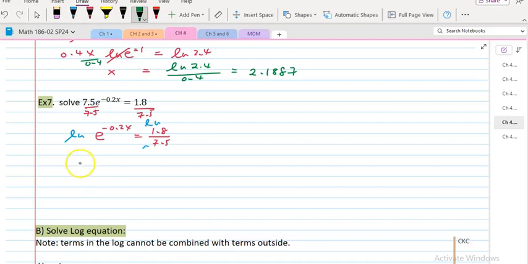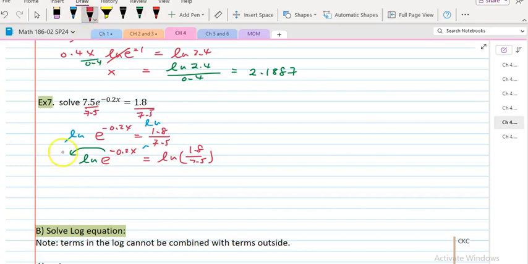So I would have ln e to the negative 0.2x equal to ln 1.8 over 7.5. Then I'm going to move the exponent out.